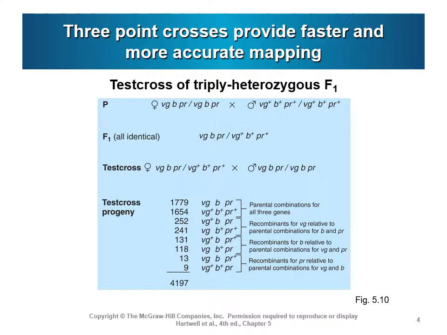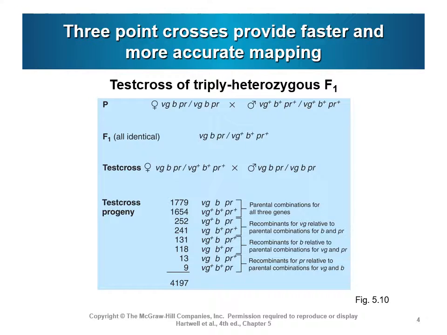I think this should be clear that this is due to simultaneous segregation. So now let's do a test cross of VG, B, PR, VG plus, B plus, PR plus with male VG, B, PR, VG, B, PR, and look at what will happen. Test cross progeny would be as follows.